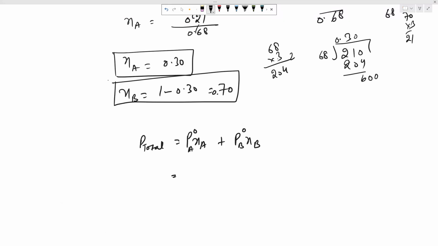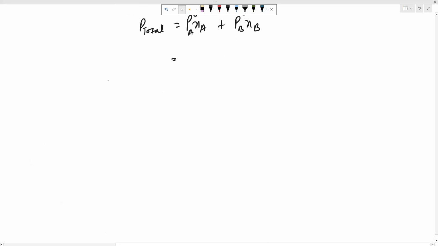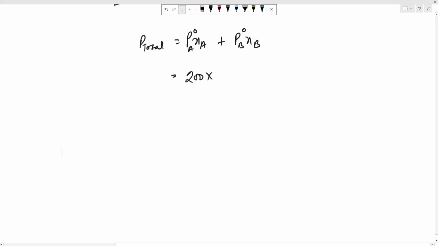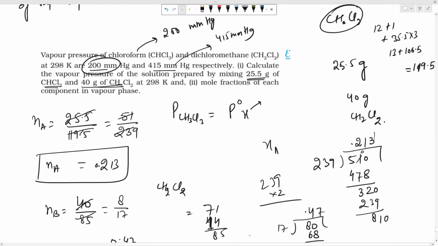P naught is given to you. The first one is 200 mmHg. You will write 200 mmHg into the mole fraction of XA, 0.30, plus the pressure of B, which is given to you in the pure state. In the pure state, it is 415 mmHg.